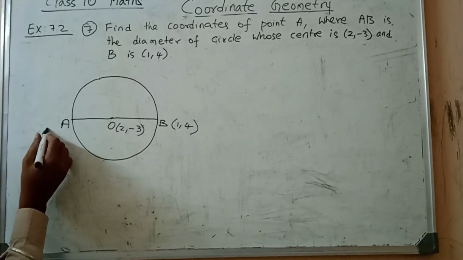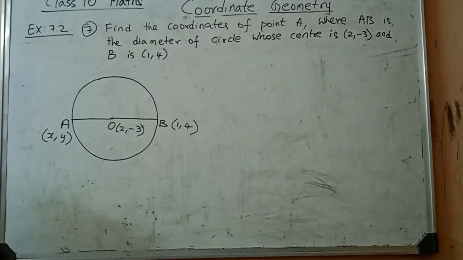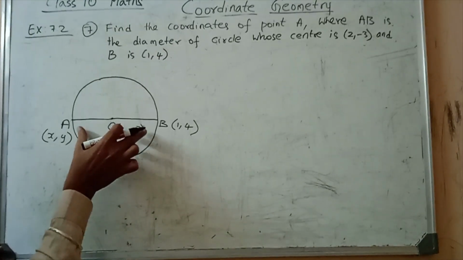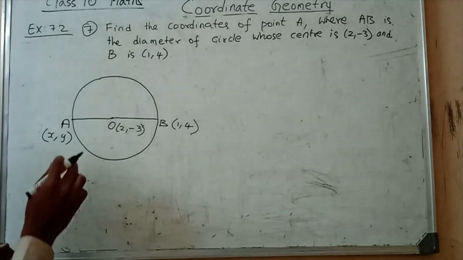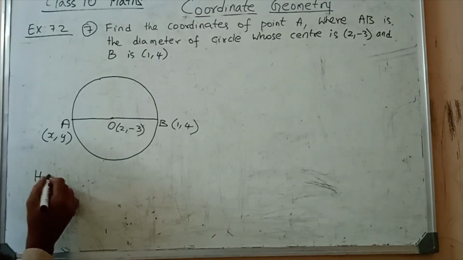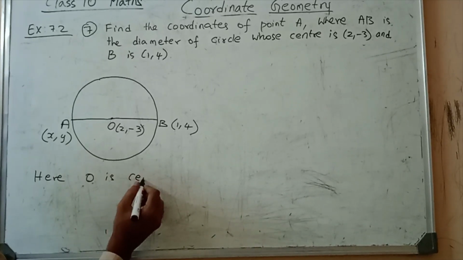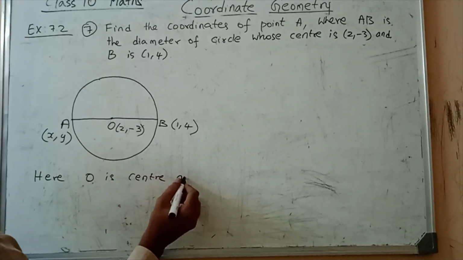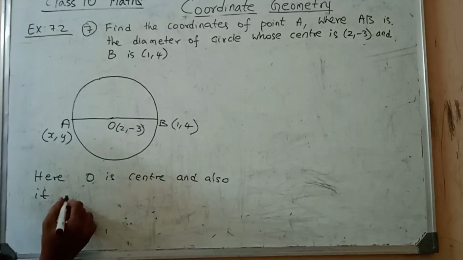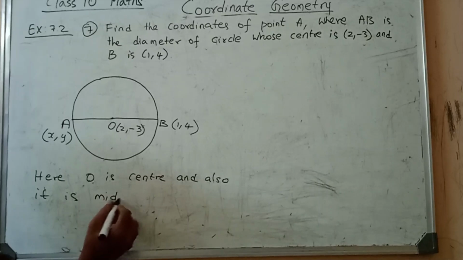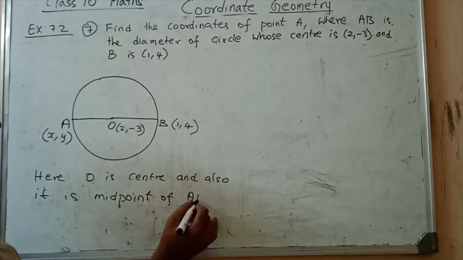So A is not given, we assume it as (x, y). Okay. So here in the diameter AB, O is the midpoint of the diameter. Center is nothing but the midpoint of AB. So here O is the center and also it is the midpoint of AB.